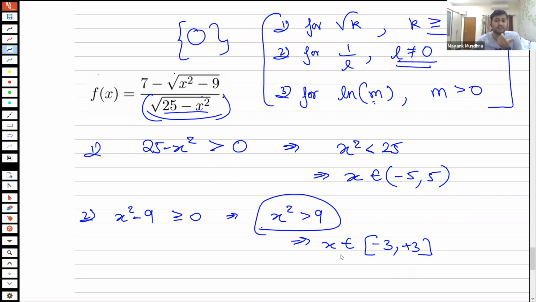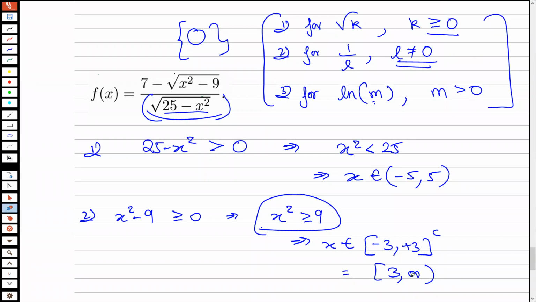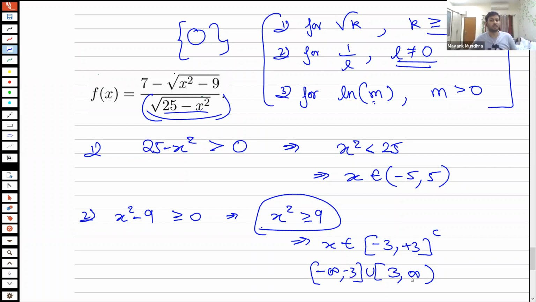So it will be closed interval 3 to infinity. Just 3 to infinity? Nothing on the negative side? So minus infinity to -3 closed, union 3 to infinity closed. Very good. Okay, minus infinity to -3, union 3 to infinity.